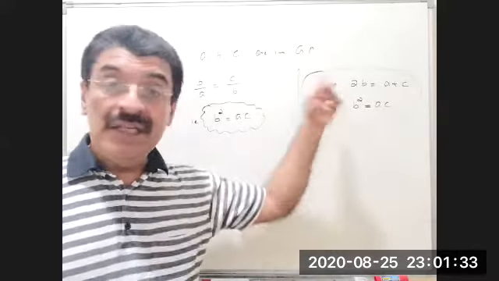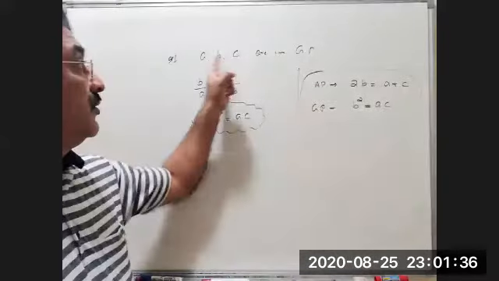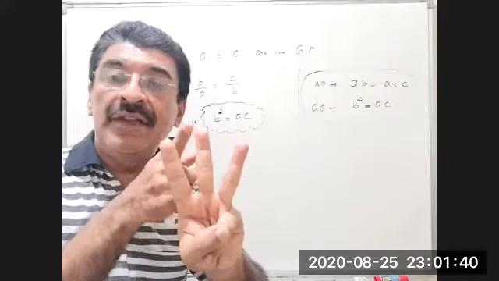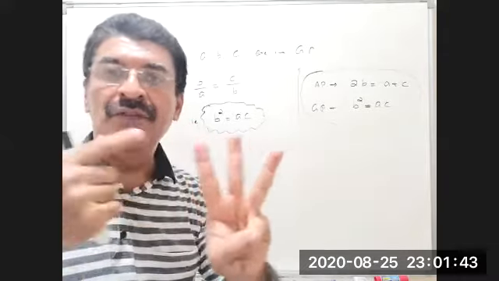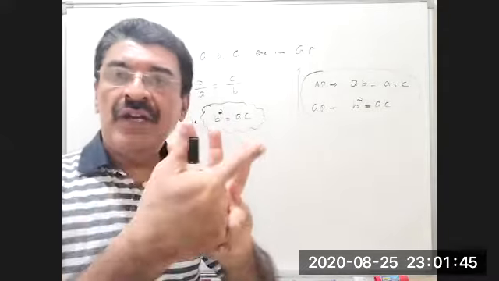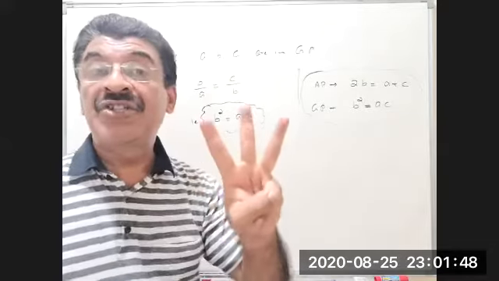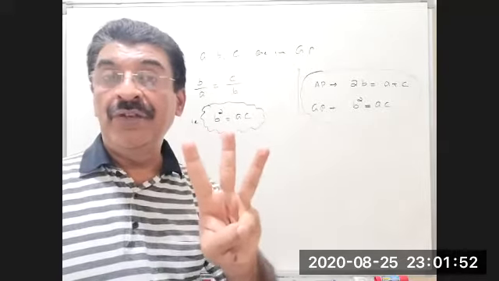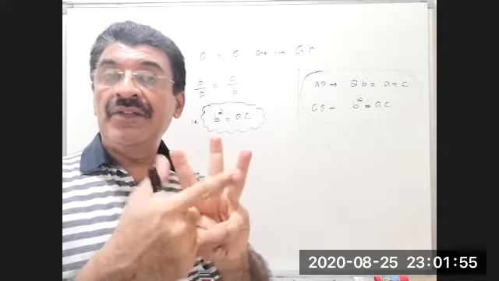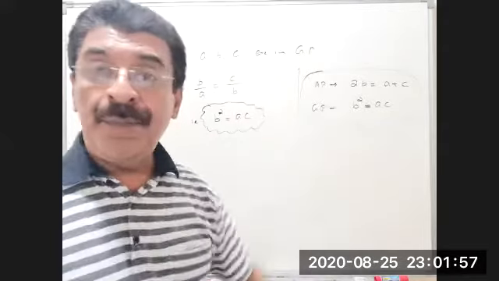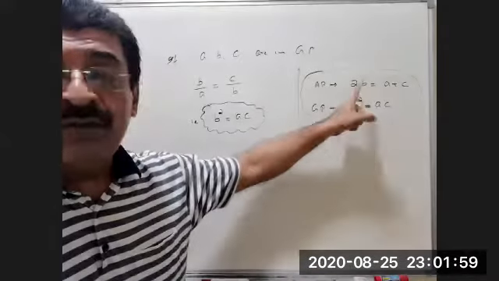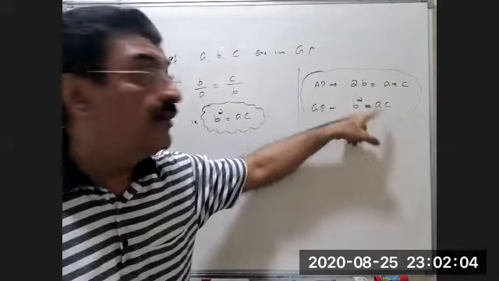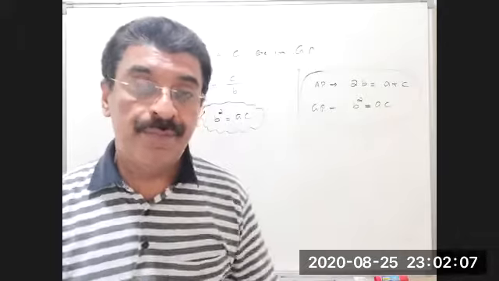If three terms are there, the one which comes in the middle is called the mean, like the arithmetic mean. The ones at the ends are called the extremes. So mean and extremes. Out of A, B, C, the middle one is mean, these are the extremes. In AP, we can say this in words: twice the mean is sum of extremes.